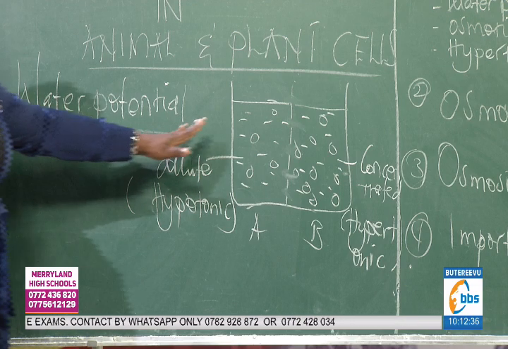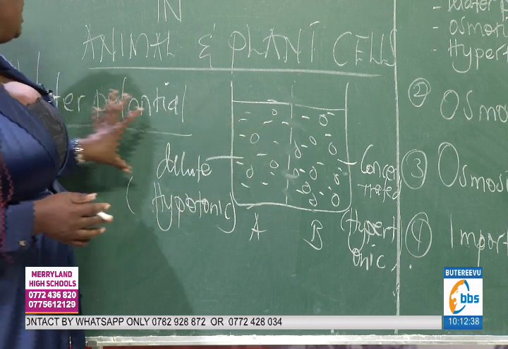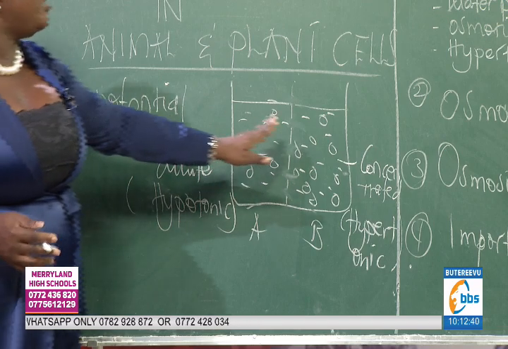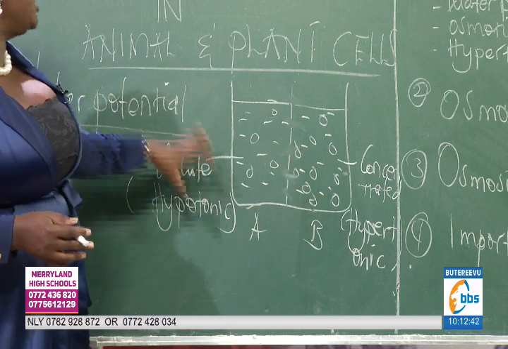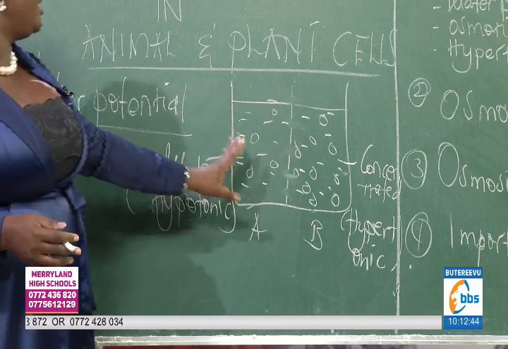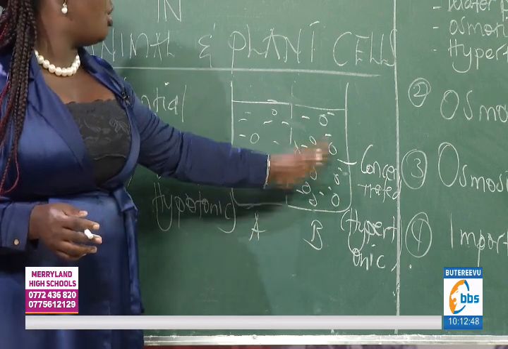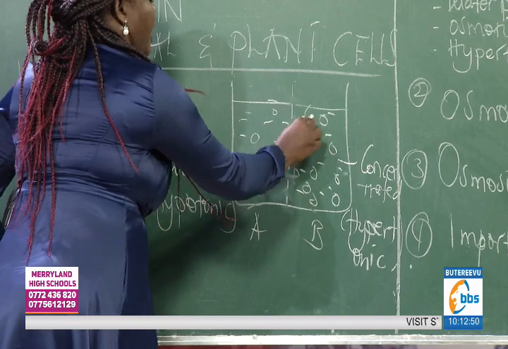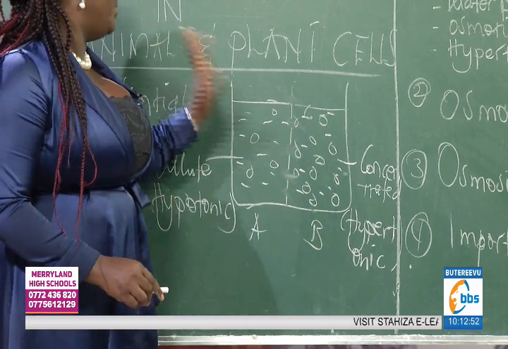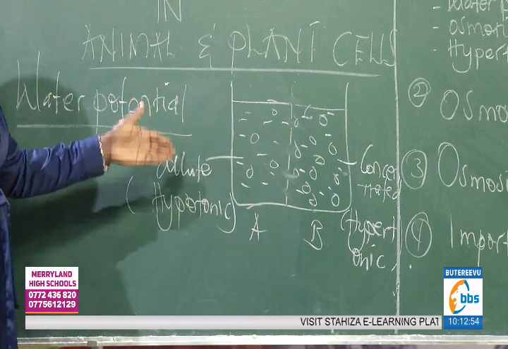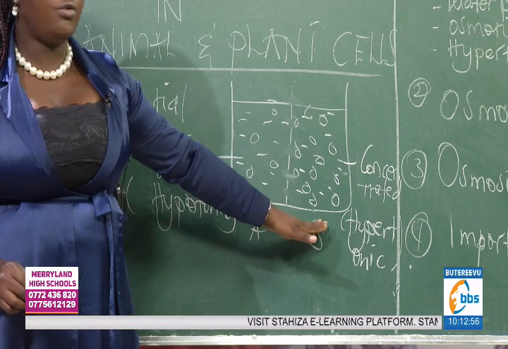So this one here has a higher water potential than B. Why? A has more water than sugar crystals, while B has more sugar crystals than water. So the water potential of A is higher than the water potential of B.